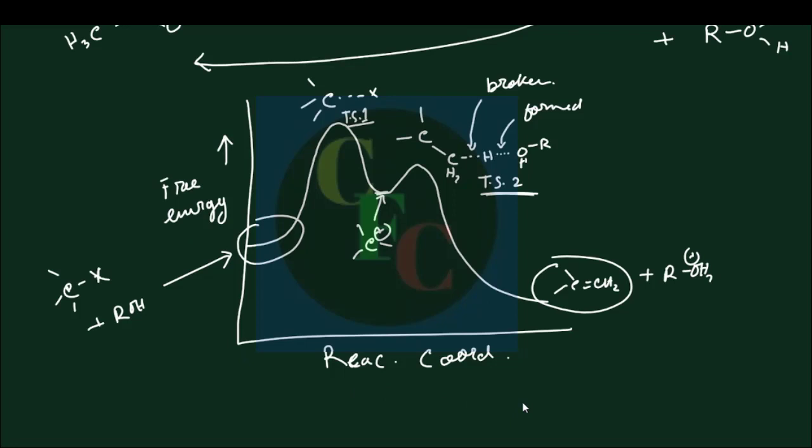So we saw that E1 is a two-step mechanism similar to SN1, where the first step is the production of the carbocation and the second step is the abstraction of the proton. But if the second step is instead the attack of the nucleophile, then we get SN1.